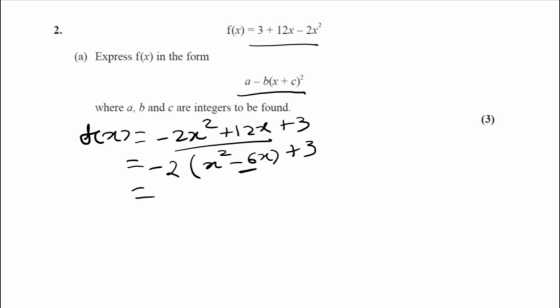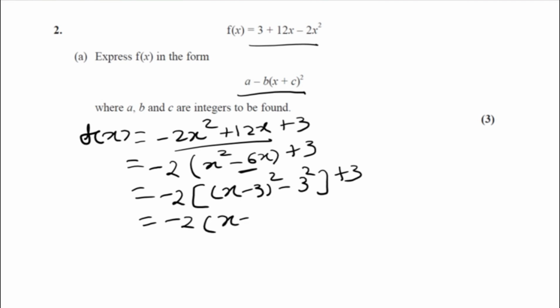Now, this is my b. Half of b, which is 3. So minus 2 (x minus 3) squared minus 3 squared plus 3. Minus 2 (x minus 3) squared minus 9 plus 3. Now multiply minus 2 with the bracket.